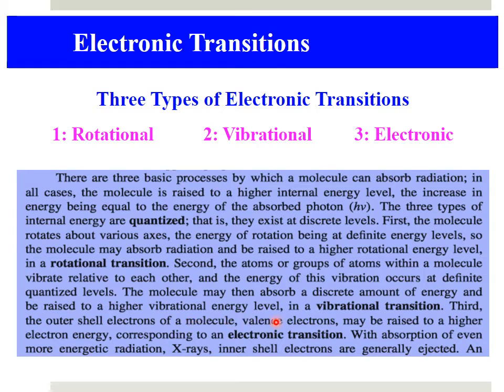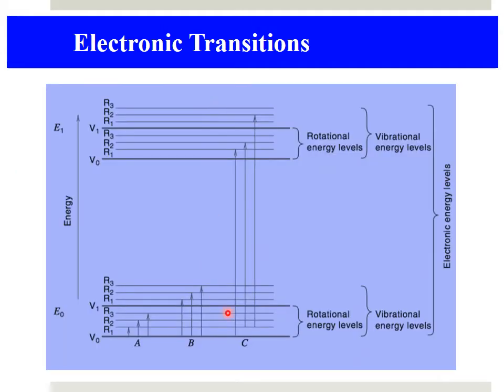The outer shell electron of a molecule, the valence electron, may be raised to a higher electronic energy level, corresponding to an electronic transition. When an electron in the valence shell is excited from E naught, the lower energy electronic state, to E1, the excited energy state, an electronic transition takes place.